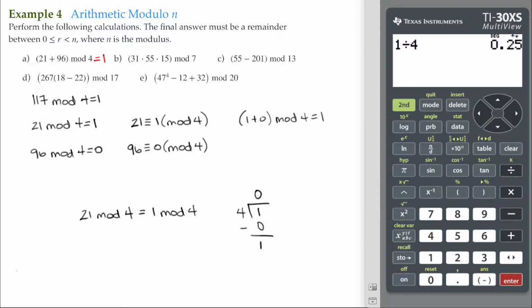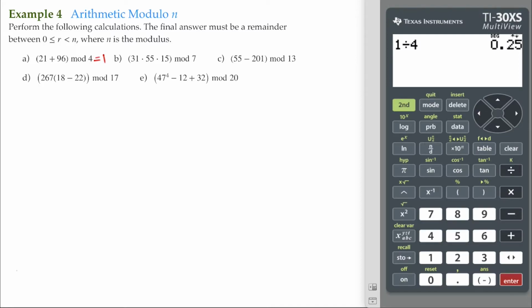Let's try B. So here we have 31 times 55 times 15 modulo 7. So let's see, 31 times 55 times 15. That's 25,575. So that's the same as saying 25,575 modulo 7.